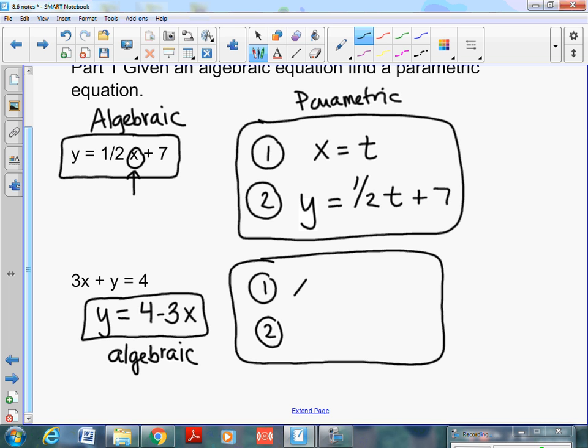All you're going to say is x equals t. And then once you put down x equals t, I'm going to substitute t in place of x. And that is all. That's all you're doing in part one. Okay, the other way is we're going to give you a parametric equation, and you have to put it back into an algebra form.